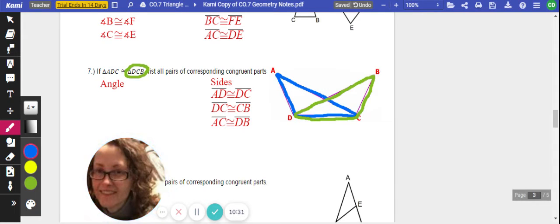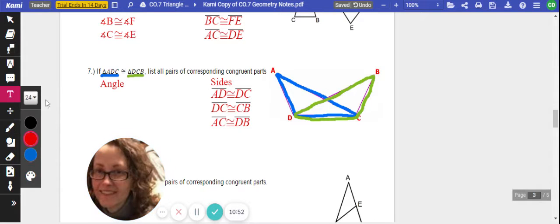So let me just underline those. So then what I need to do now, and I encourage you to use as much color on these as you need to help make this make sense to you.